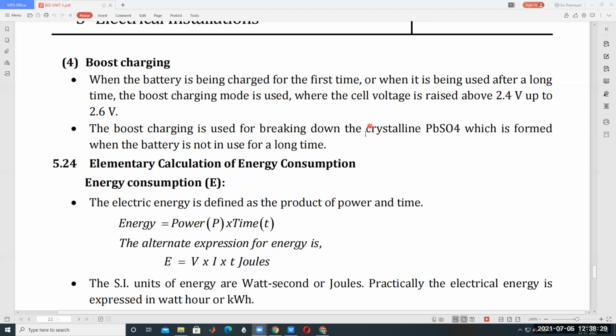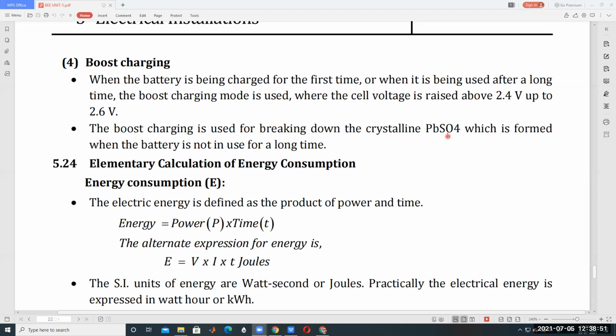If we are not using the battery for a long time, this crystalline PbSO4 forms inside the battery, and the battery deteriorates because of this.